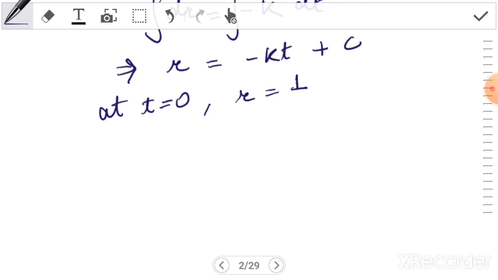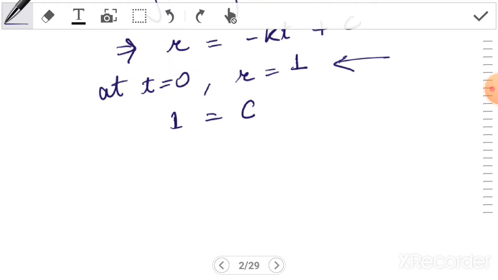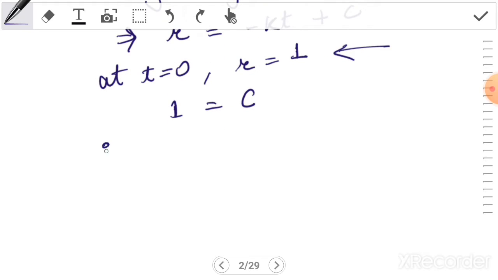Now substitute this value here in this equation. So we have 1 is equal to c. That means c is equal to 1. So we have our final equation as r is equal to minus k times t plus 1.